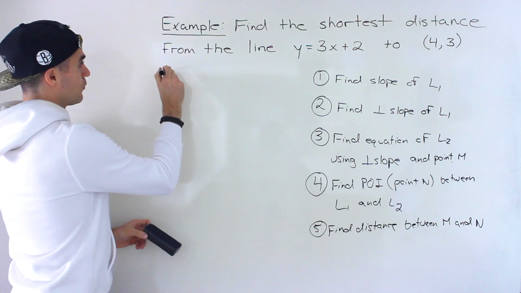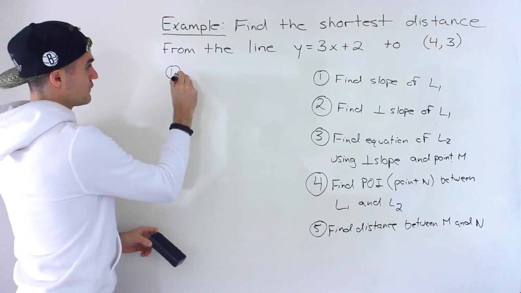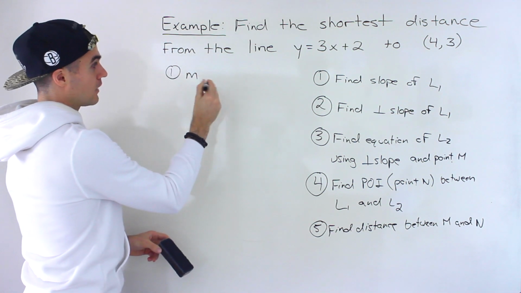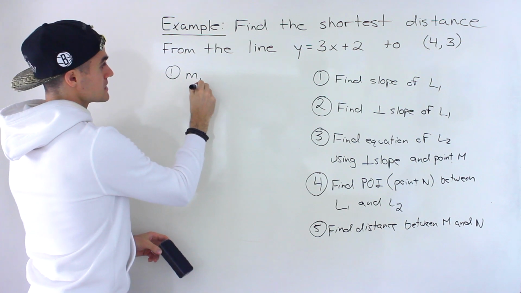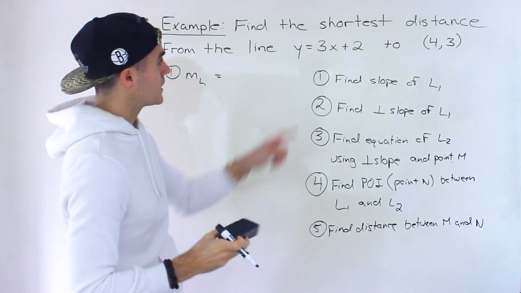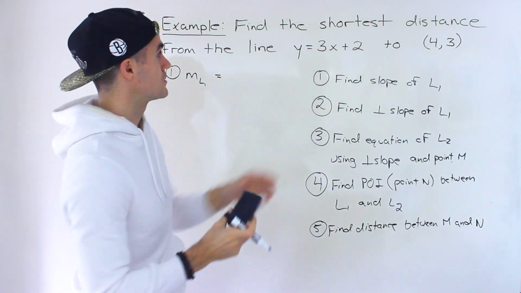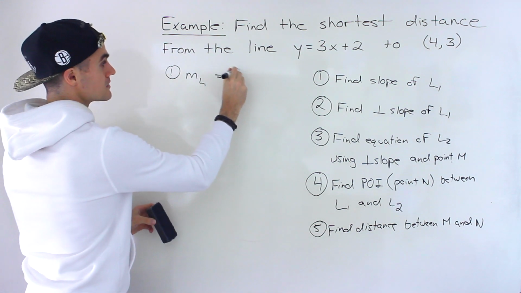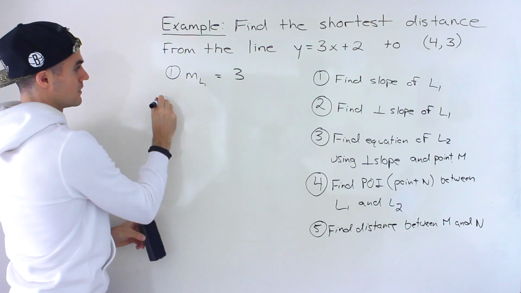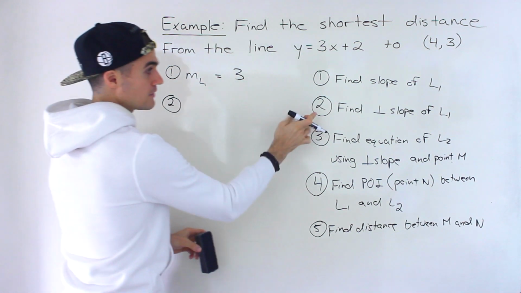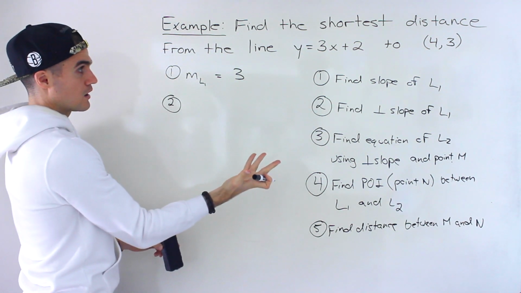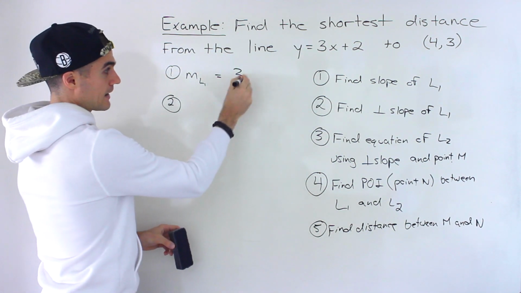So step 1, we have to find the slope of L1. And it's nice because it's already in y equals mx plus b form here. So the slope of L1 is going to be 3. Second step, we find the perpendicular slope of L1, which is going to be the negative reciprocal of this.